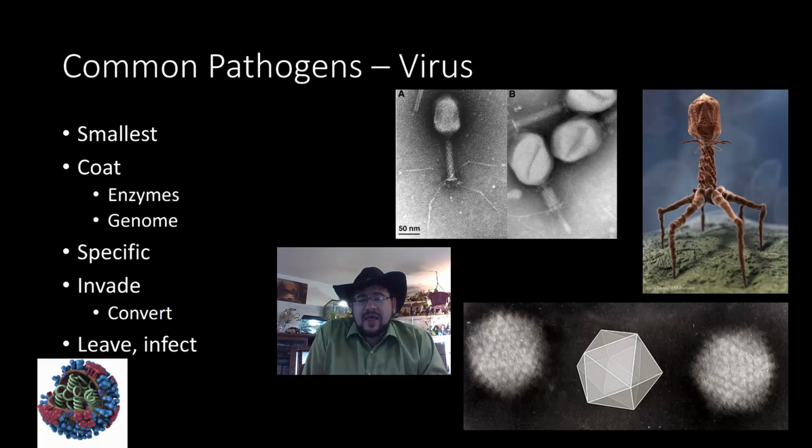But either way, the cell is pretty much non-functional. Sucks for the cell. So they invade the cell, convert it into a factory for making viruses, crank out more viruses, and then blow out of that cell to attack all the other cells around it. So really effective at causing infection.